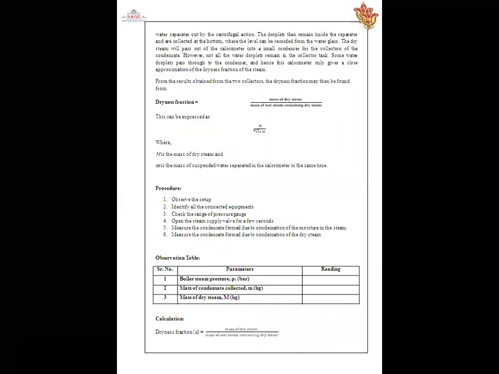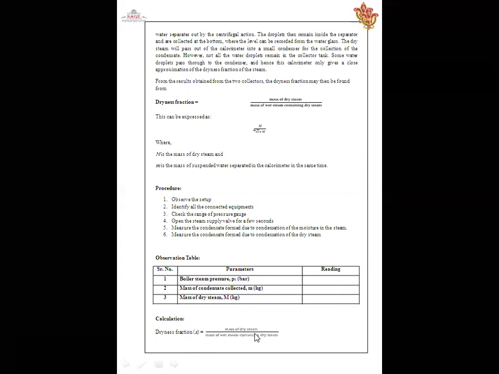These are the observations read by the calorimeter: boiler steam pressure P1 bar, mass of the condensate collected, mass of the dry steam, and this is the formula. X is equal to dryness fraction. This is equal to the mass of the dry steam to the mass of wet steam containing the dry steam.